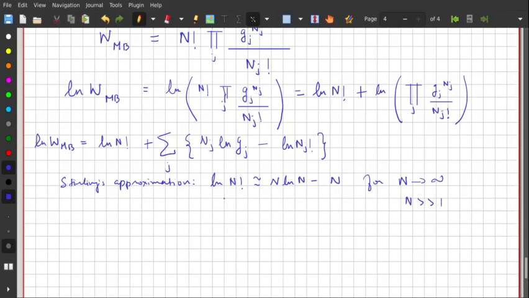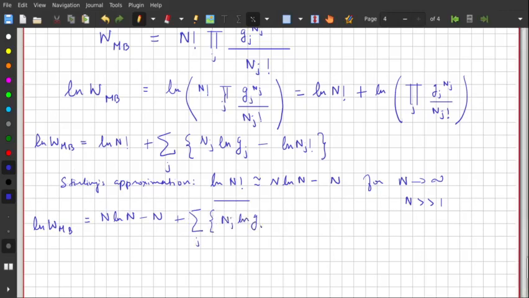If we use this Stirling's approximation in this equation, log of W_MB becomes n log n minus n plus sum over j of nj log gj minus nj log nj plus nj, where we use Stirling's approximation here and here both.